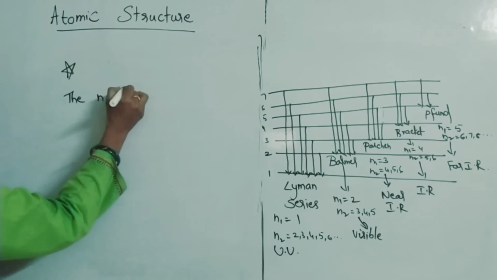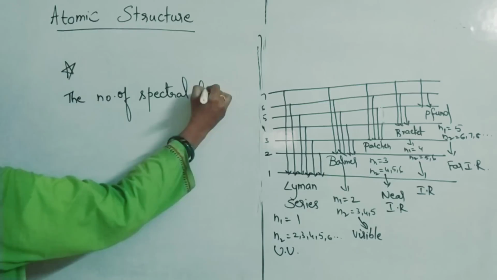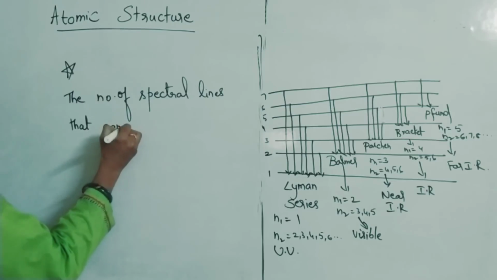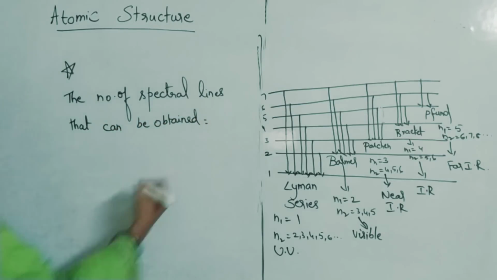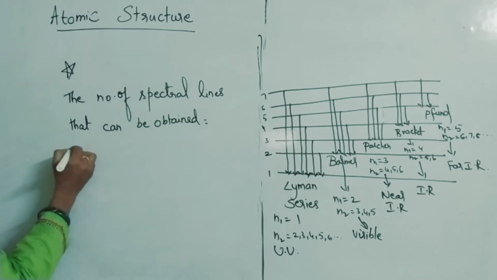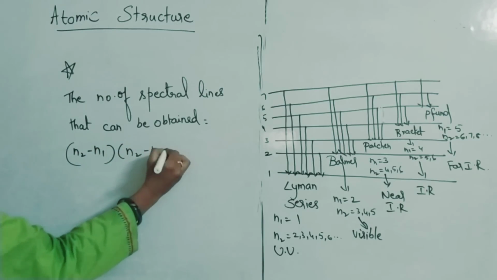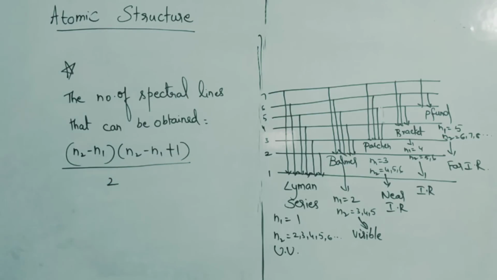The number of spectral lines that can be obtained is given by the formula: N2 minus N1 into N2 minus N1 plus 1, whole divided by 2.